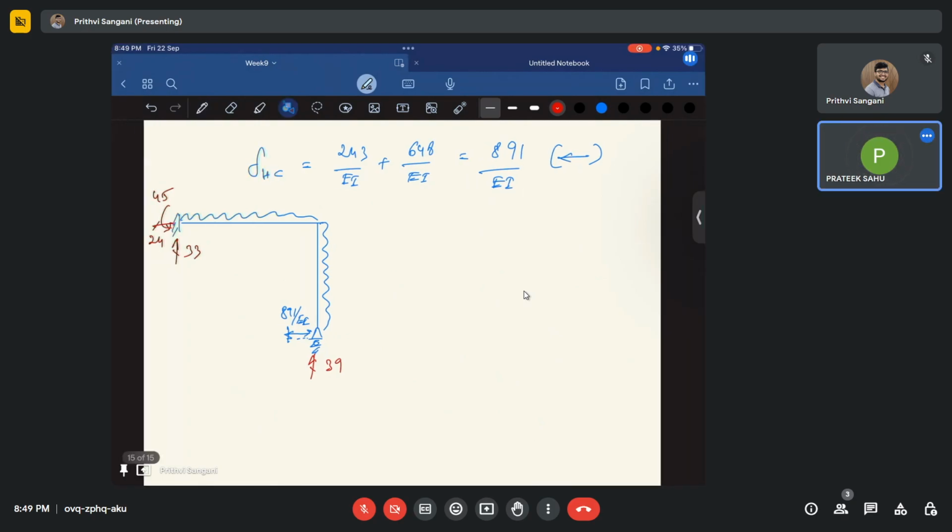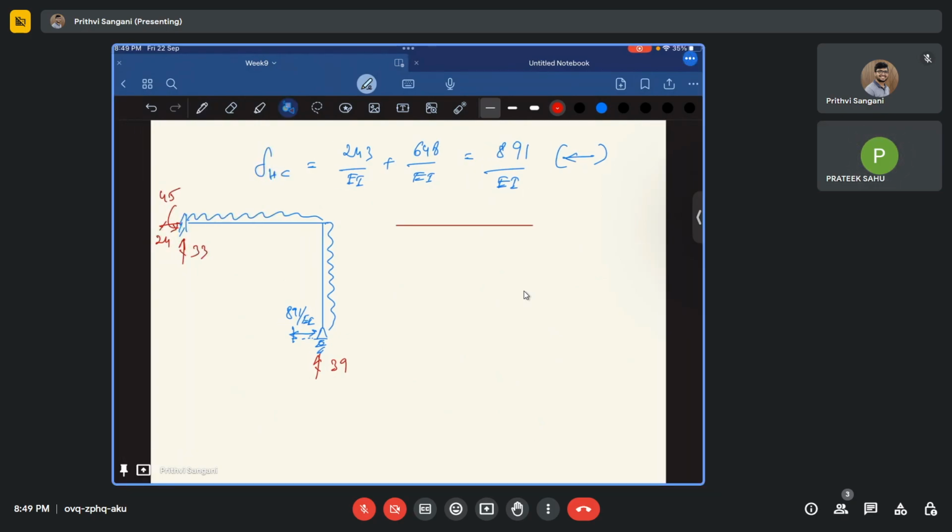Yes, sir. Maybe I can just show one shear force diagram. So here it is 33. Okay, so what is going to happen at this support B? Shear force at B is going to be 33 minus 8 times 9, that is nothing but 72 minus 33, minus 39.